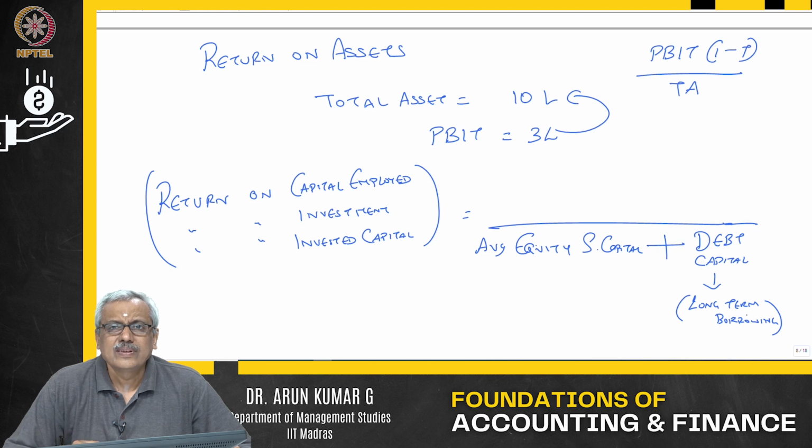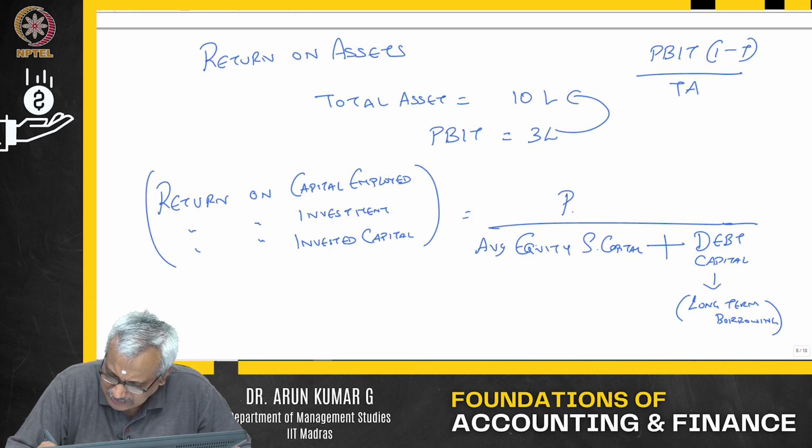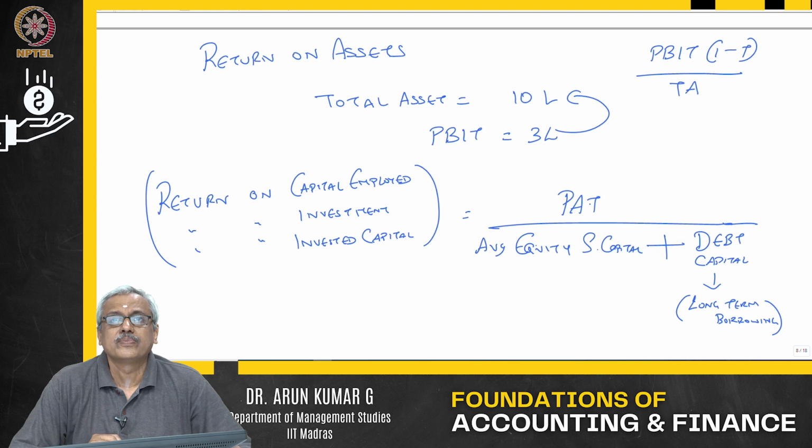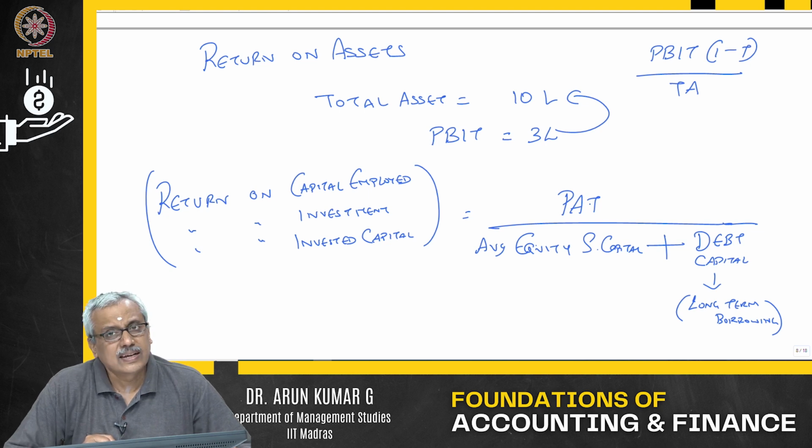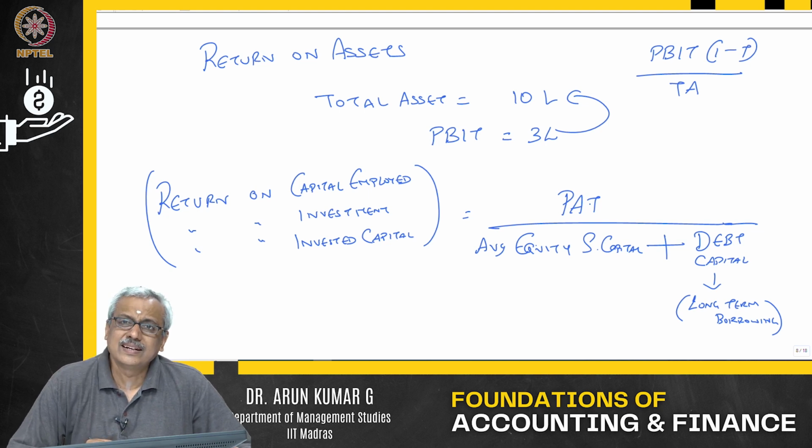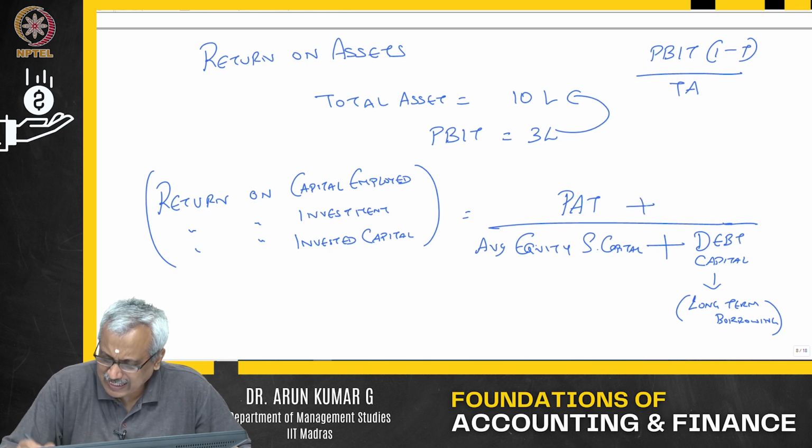Now, what is the numerator? The numerator is the return. What is the kind of return equity share capital holders get? The return these people get is profit after tax. Agreed? What is the return the debt capital holders get?